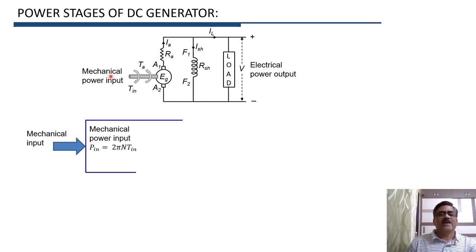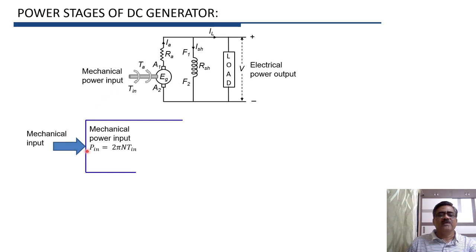When the mechanical power is supplied by prime mover, then electrical power is developed in armature, and mechanical power gets converted into electrical power.